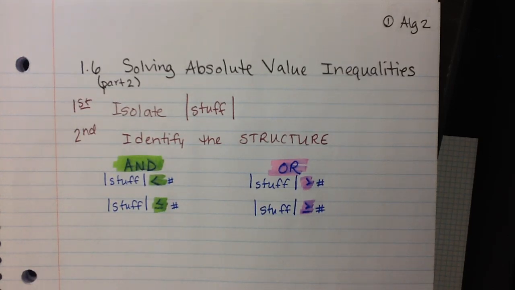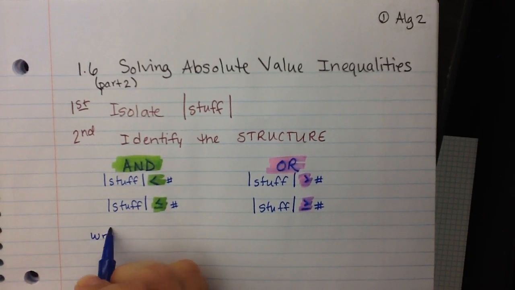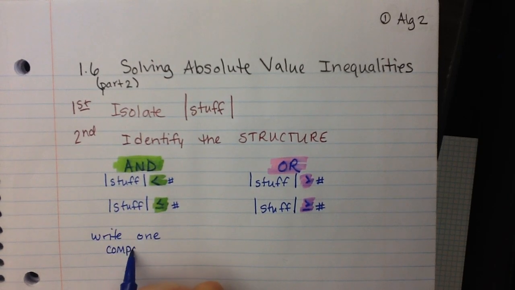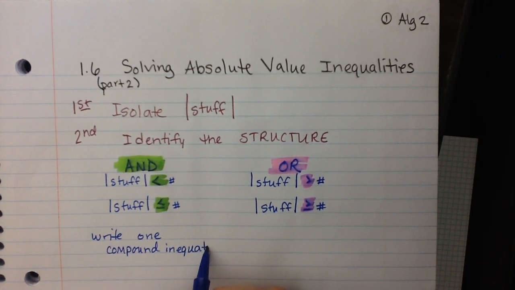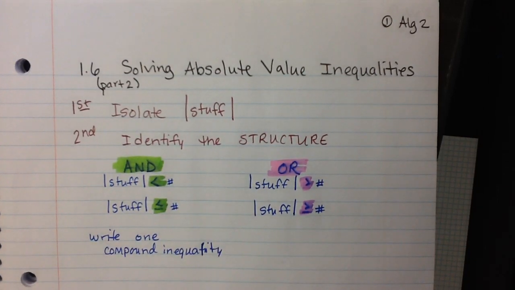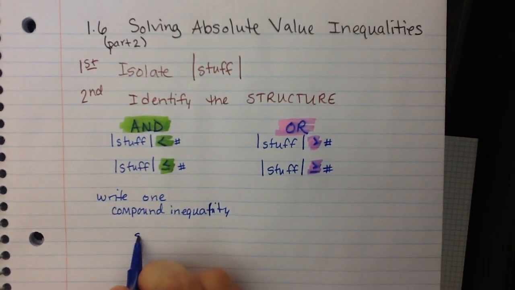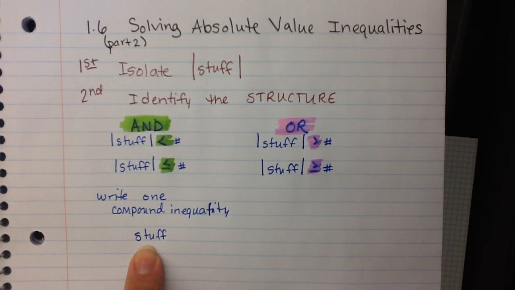Once we've identified the structure, then we're going to go ahead and write our inequalities. If it's an AND type, we are going to write one compound inequality. Oops, I crossed my L. One compound inequality. And what that's going to look like is you're going to remove the absolute value bars. So you're just going to have your stuff in the middle.